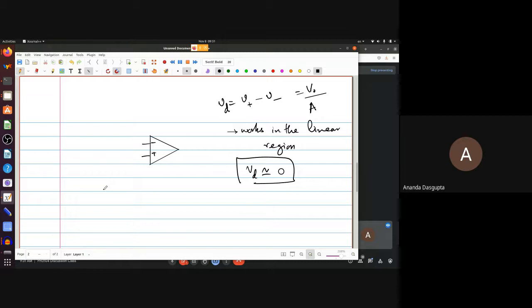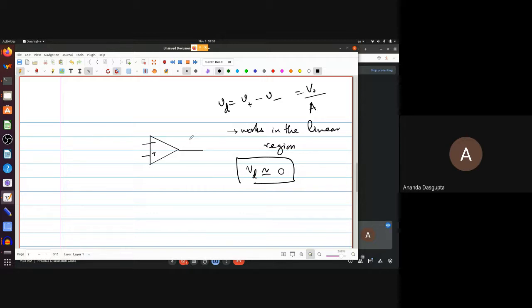So to get VD equal to zero, what you have to resort to is what is called negative feedback. Negative feedback means you take a fraction of the output and feed it back to the negative input. So that whenever the output tries to rise, V minus goes up, VD goes down, and it tries to pull the output down. At least it does not allow the output to rise as much as it would have.